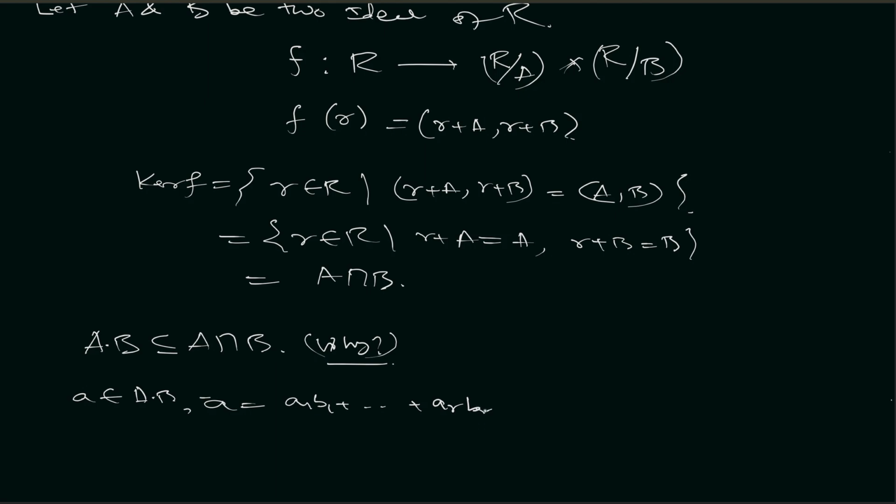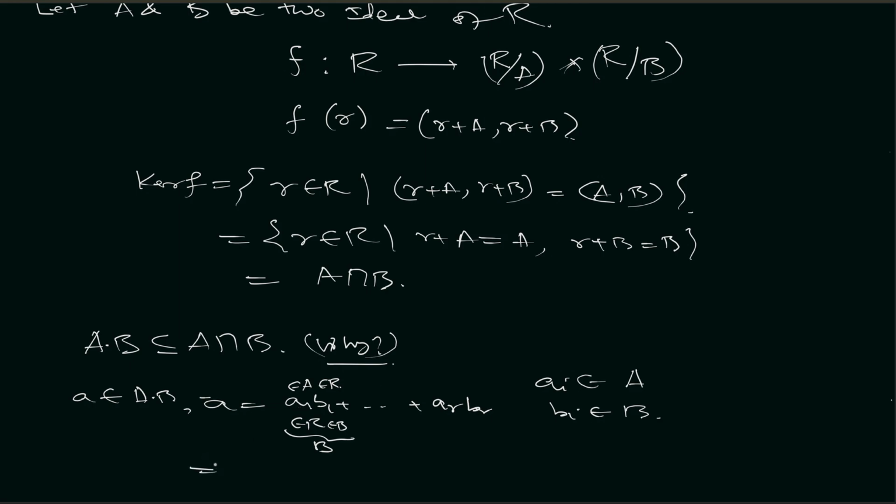Each ai bi is a member of B also, because these ai are from A and these bi are from B. You can take ai to be from R and bi to be from B, then this entire element will be a member of B. Again, you can take this element to be from A and this element to be from R, so this will be a member of A as well.